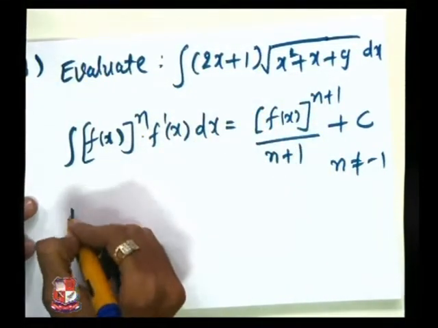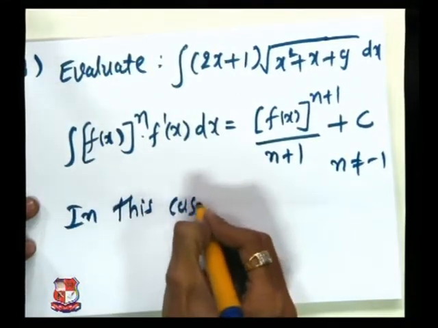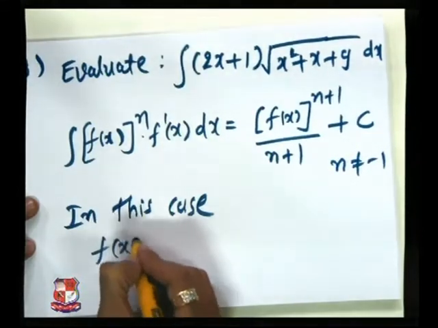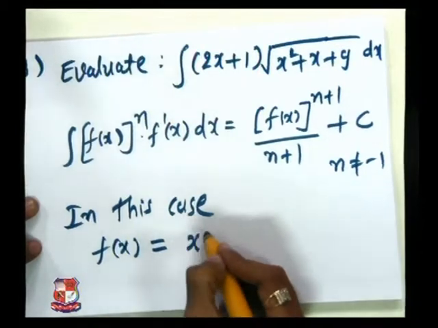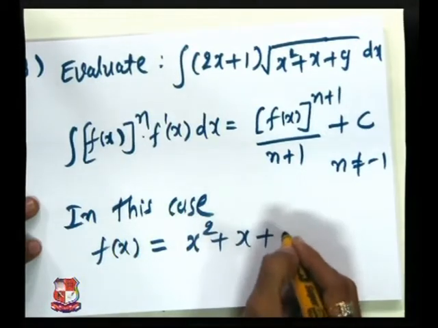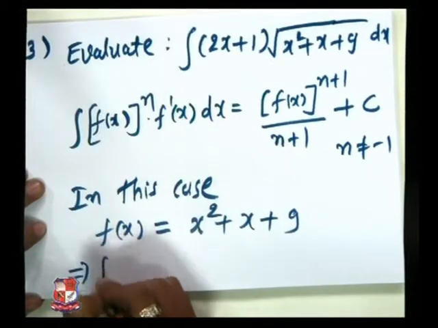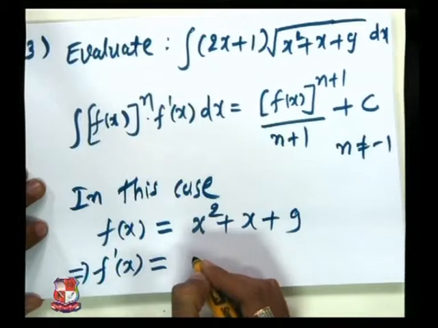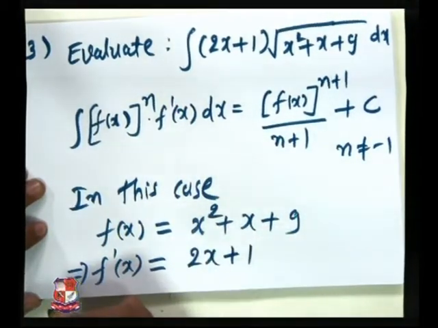So in this case, let f of x is equal to x square plus x plus 9, which implies f dash x is equal to, as I told you, 2x plus 1.